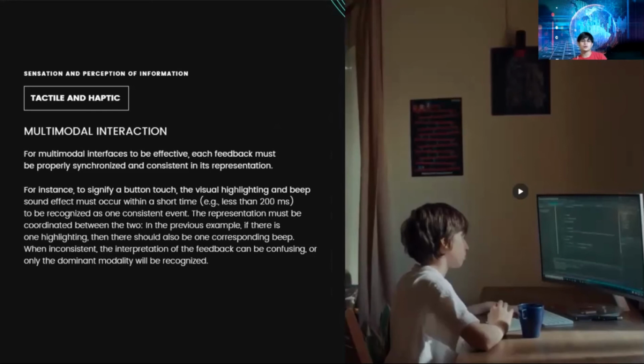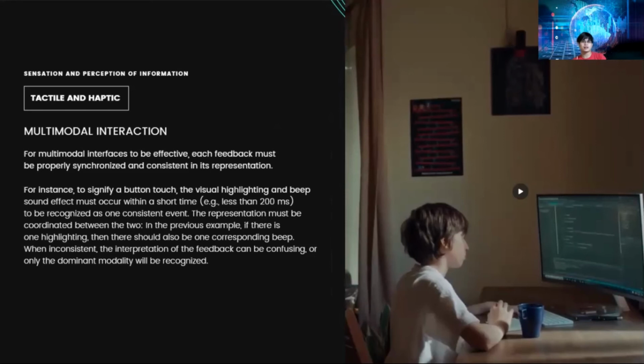Okay, so the representation must be coordinated between the two. In the previous example, if there is one highlighting, then there should also be a corresponding beep. Okay, when inconsistent, the interpretation of the feedback can be confusing, or only the dominant modality would be recognized.